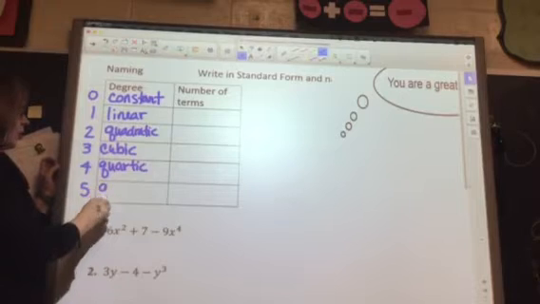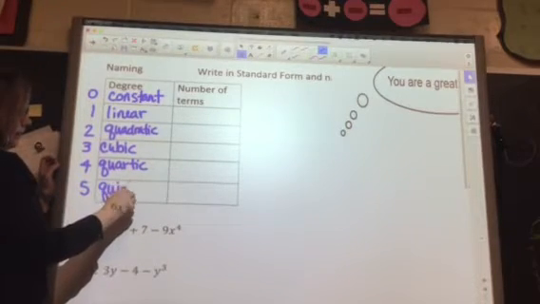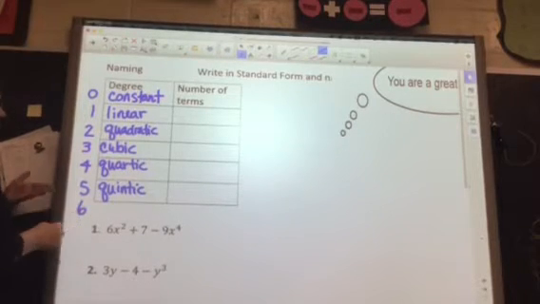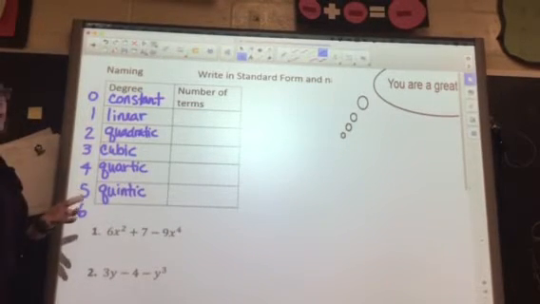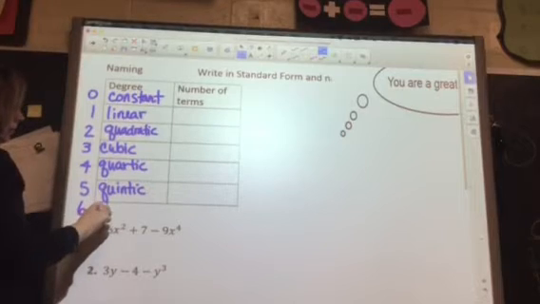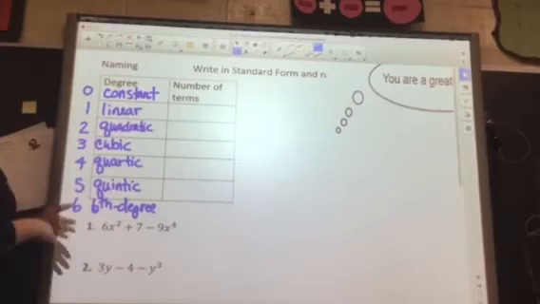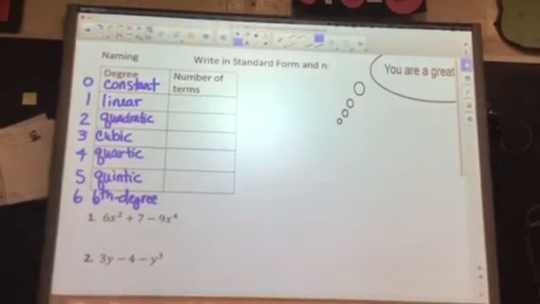And 5 degrees is called a quintic. Anything after that, if it had 6 degrees, meaning an exponential value of 6, that would be called a 6th degree poly. Anything after that is just called 6th degree, 7th degree, 8th degree.